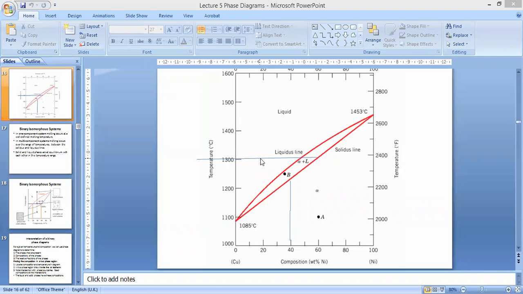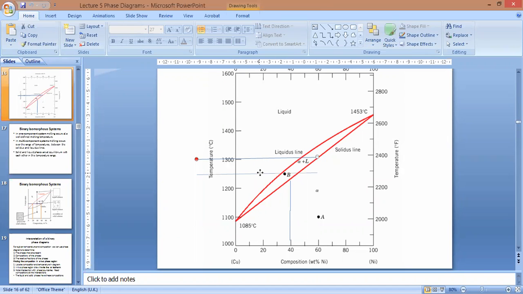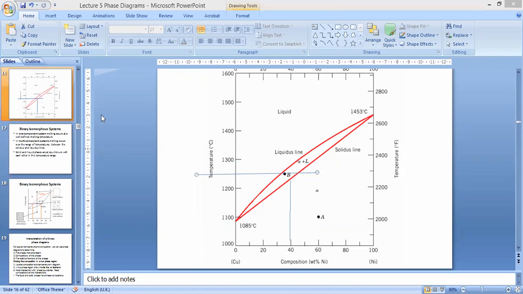Okay, so from here, point B, we can easily determine what temperature it's at. Richard, can you help us determine the temperature for point B? I've put this line here just to help.